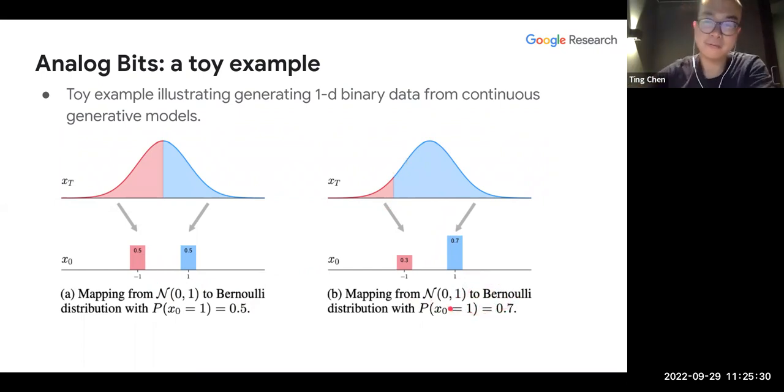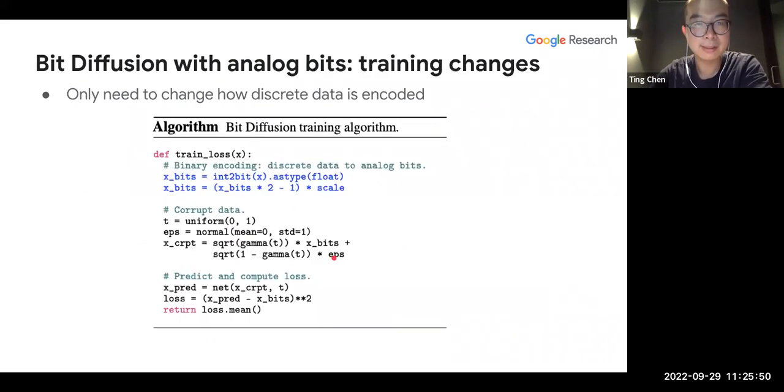Now, if you have many dimensions, generally high dimensional discrete data, it will be quite different. But I think the underlying intuition is similar, where you can map the continuous distribution to a discrete distribution with a continuous generating model.